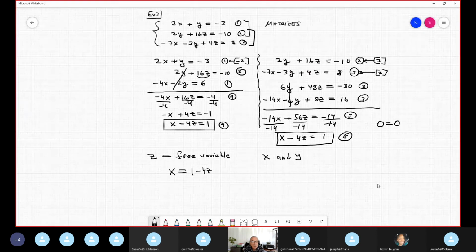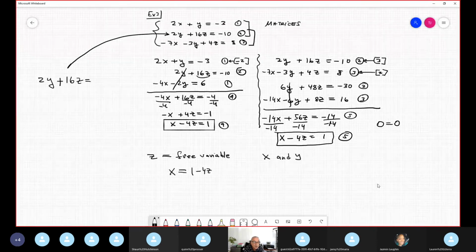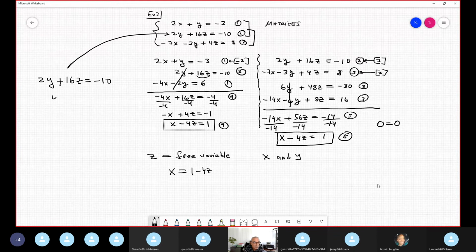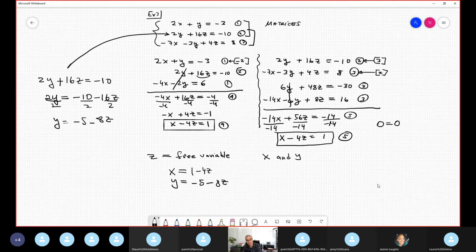In equation 2, we have 2y plus 16z equals minus 10. So 2y is equal to minus 10 minus 16z, divided by 2. Y is equal to minus 5 minus 8z.